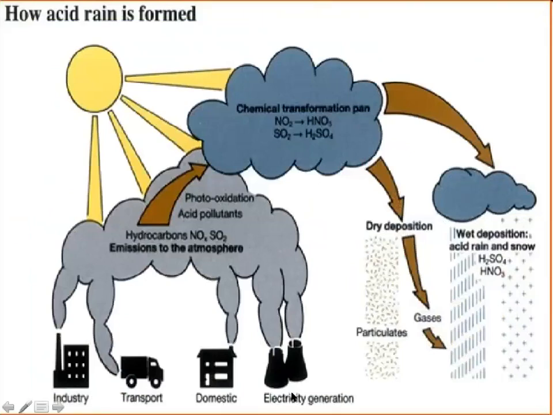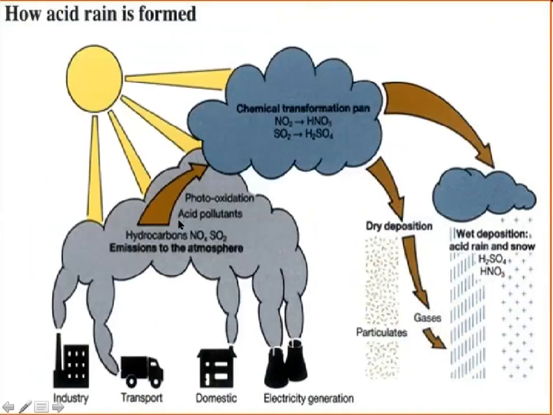So these four are the major sources by which rain in the form of acid comes from the atmosphere to the ground. The first source is industry, then transportation by means of vehicular emission, and domestic sources, by burning of coal, oil, and electricity generation.